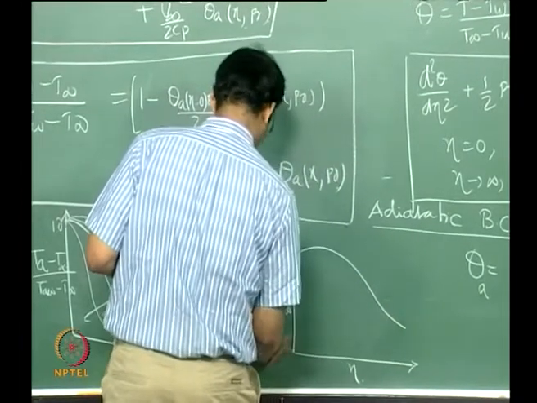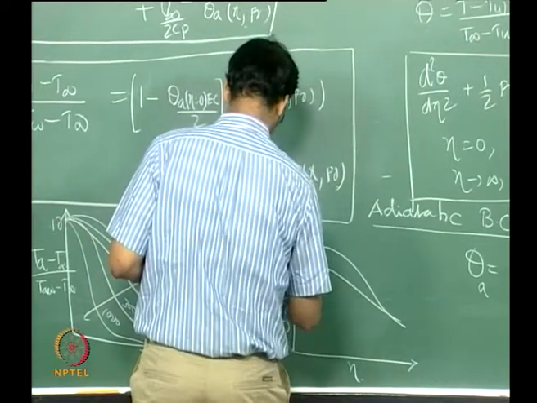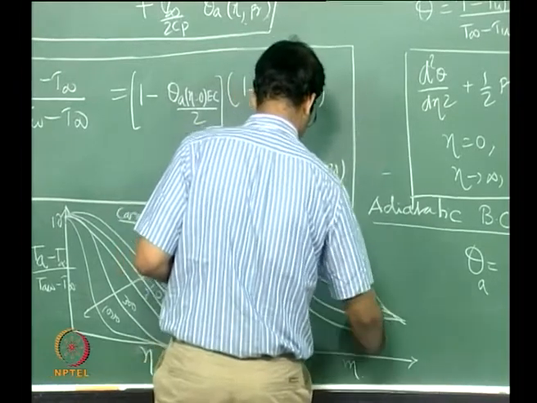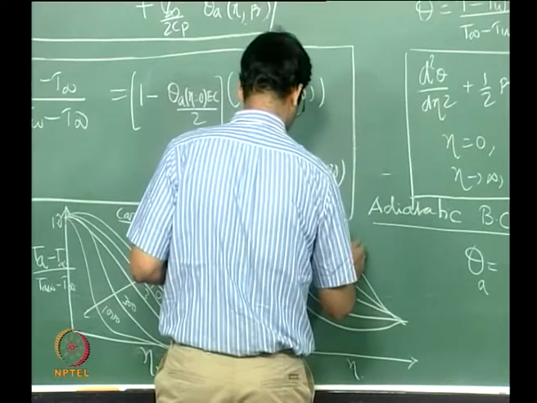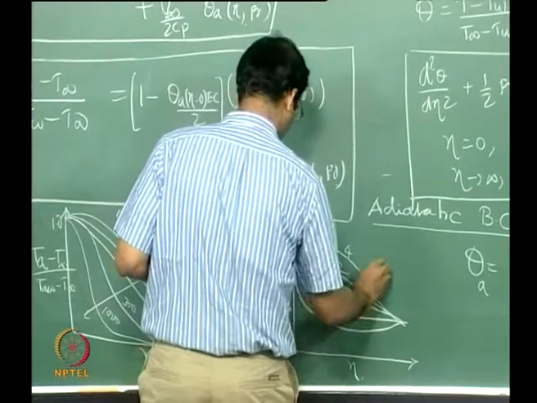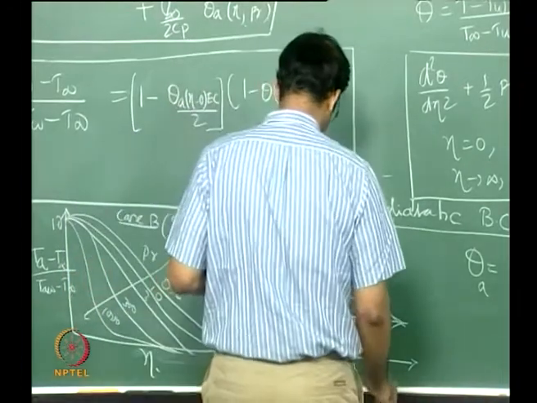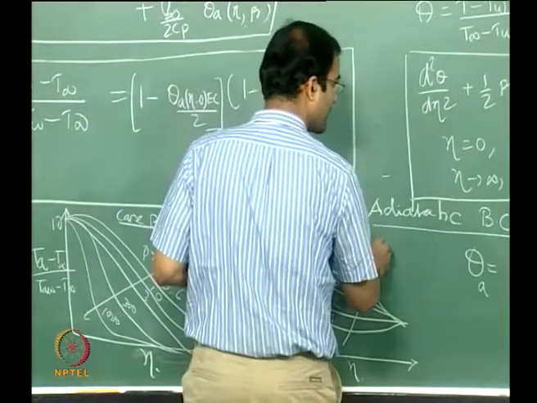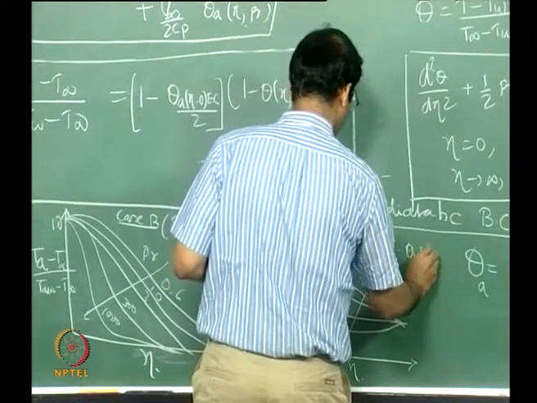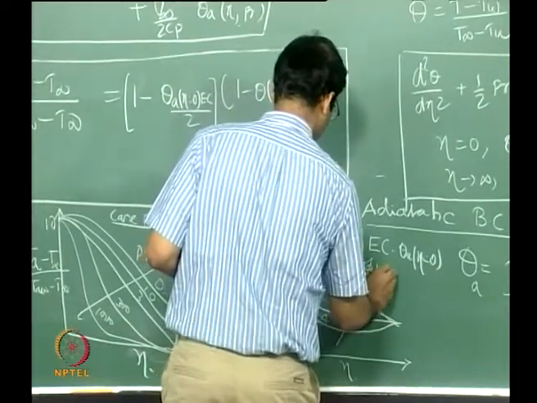My 0 actually is somewhere here. This is for different values of Eckert number into theta A, theta equal to 0. This corresponds to a heated plate.